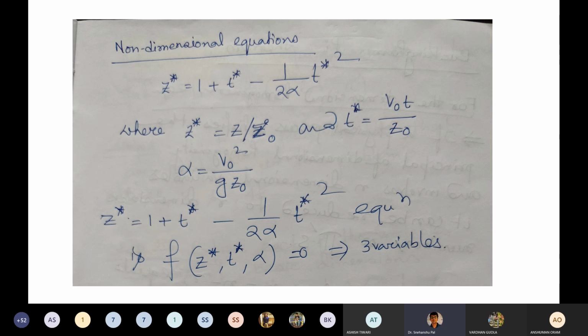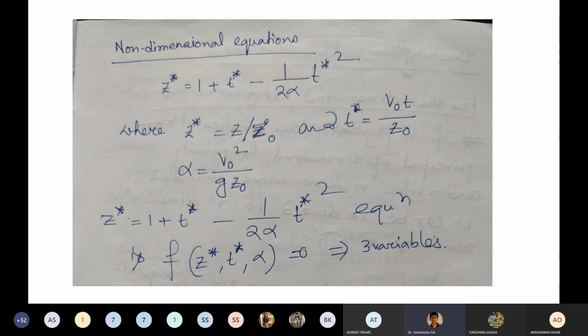If you see z star, z has dimension L and z0 also has dimension L. So L by L, no dimension. T star, if you consider v0 into t, what is the dimension of a velocity? L t to the power minus 1, and t has dimension t.